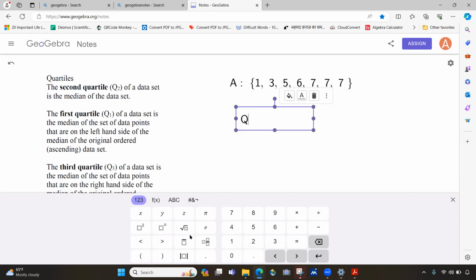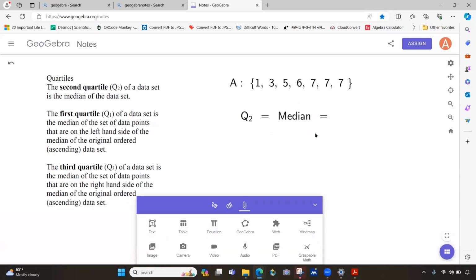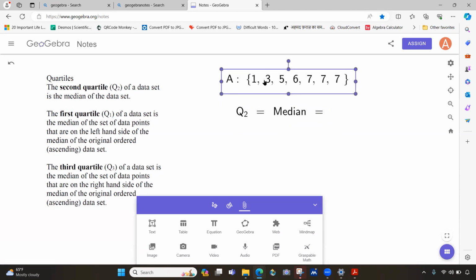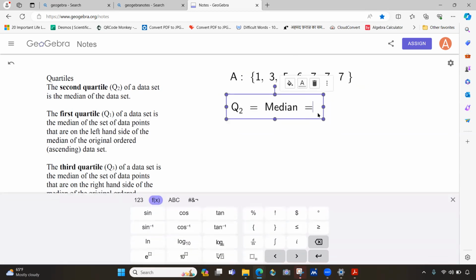Again, I'm finding Q2 first because that's simply the median. Just find the median, you have Q2. Okay, here the median is the middle number. I have 7 points in my set A. Median is the middle number, which happens to be 6, and that's Q2.